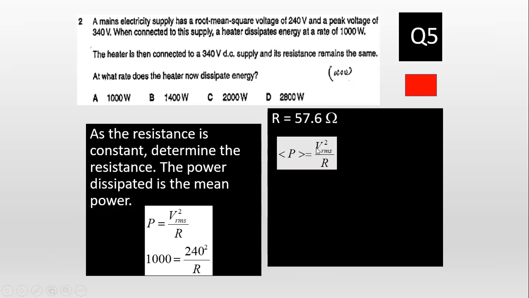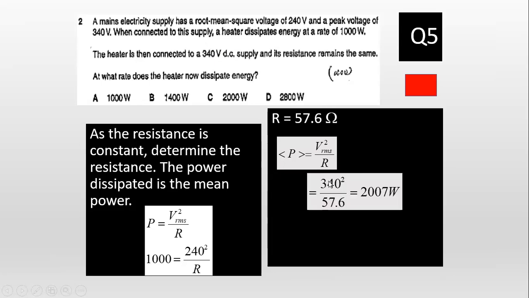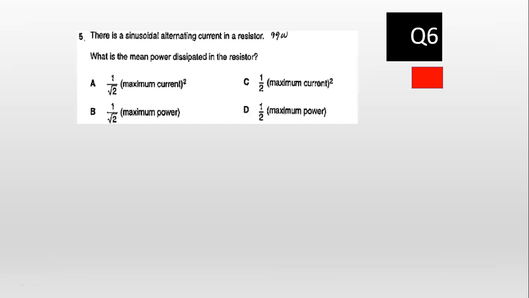Calculate again V square over R, but instead of using V root mean square, you use this value. That's your DC voltage. Resistance you have already calculated, 57.6, and calculate out, answer C. Okay, anything not clear? Oh, I'm okay, sir. Okay, then we go to number 6.